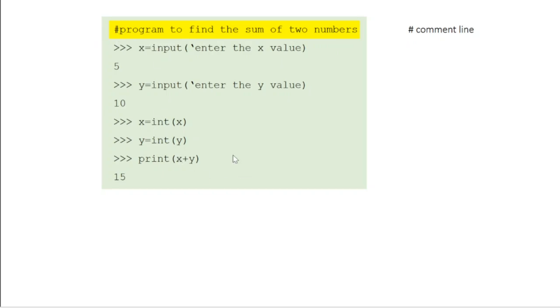Actually, this is a very good practice to put descriptions or comment lines before every code block, so that the user will understand what happens inside the code. Even if you're working in a software firm, usually the large programs will be coded by a number of developers together. So each developer will code a certain part of the program.